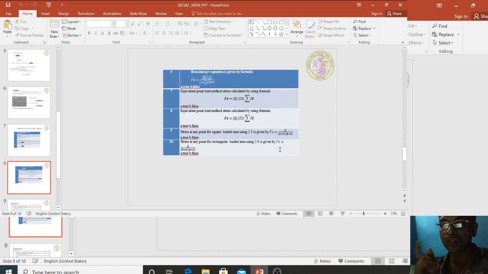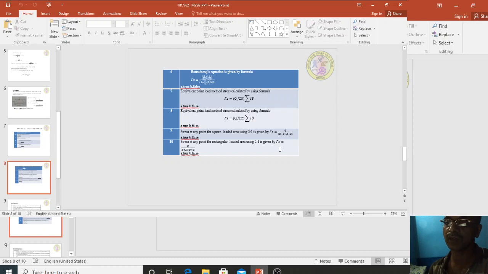It is not Z cube, it is Z square. Therefore, the option is B, false. Equivalent point load method stress calculation is by the formula Q dash by Z square into summation of IB. It is correct. A. Stress at any point for a square loaded area by the 2:1 method is given by Q divided by (B plus Z) into (B plus Z). It is A, true.